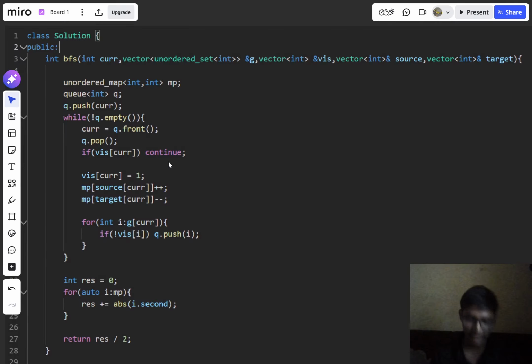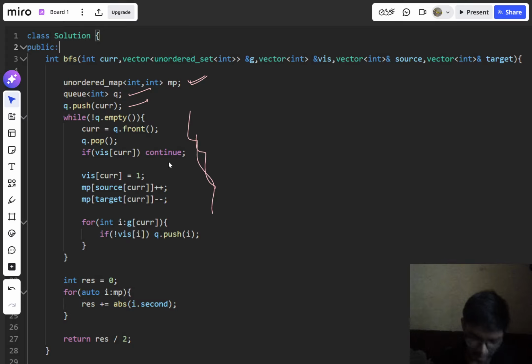Now in this BFS function, as we discussed, we have to make a map, and for traversing all the nodes of that particular graph, we take one queue, and the current index is pushed to the queue first. After that, using the BFS algorithm, we visit all of the nodes.